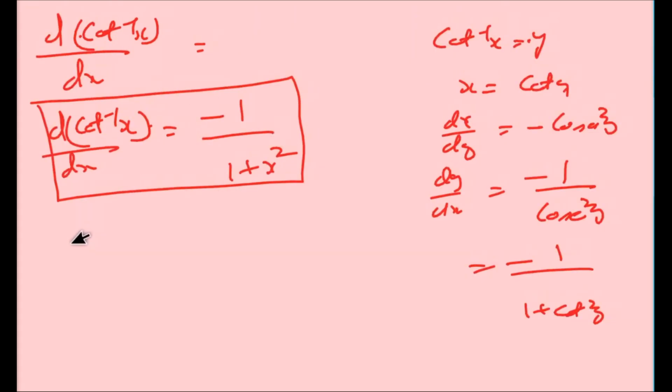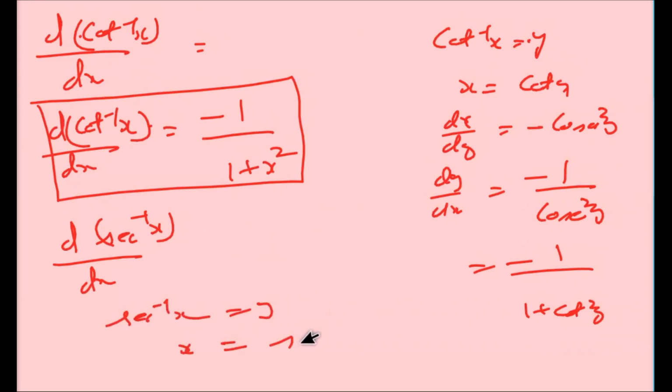Similarly, now we are going to find the differential of sec inverse x. So let sec inverse x equal to y, therefore x equal to sec y. We can find dx by dy equal to sec y tan y.